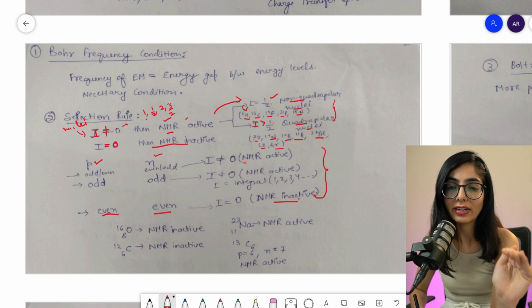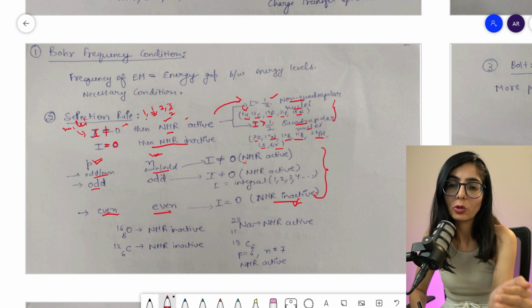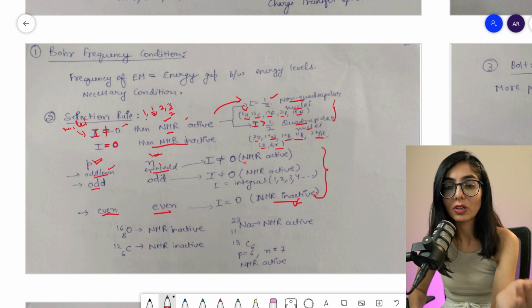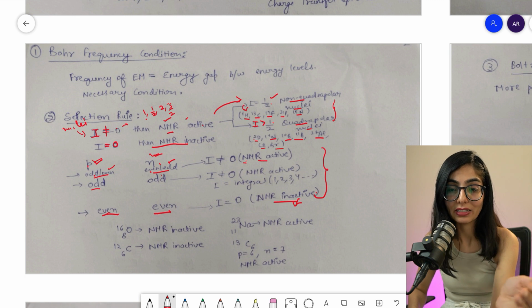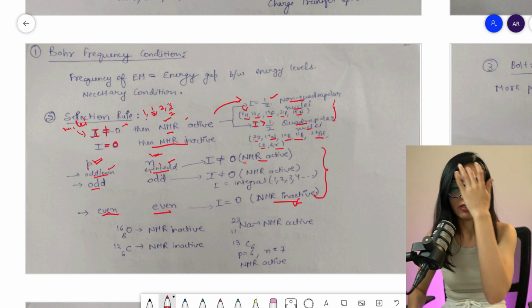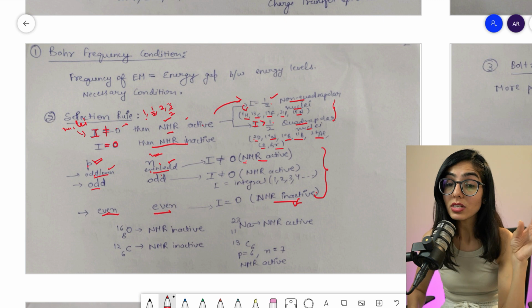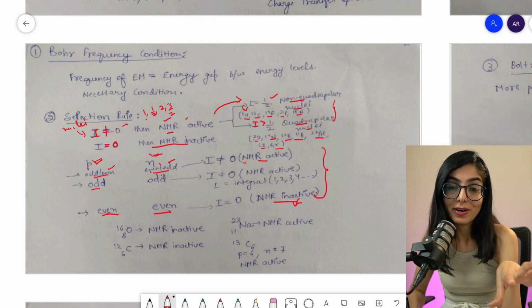If proton is odd and neutron is even, or proton is even and neutron is odd, then I will not be equal to 0 and that nucleus will be NMR active.